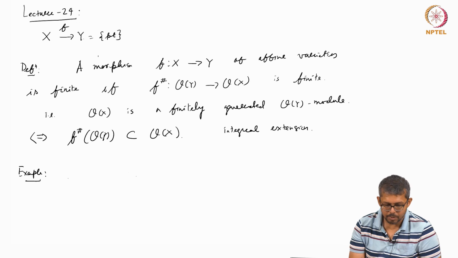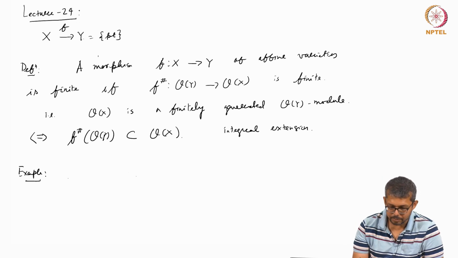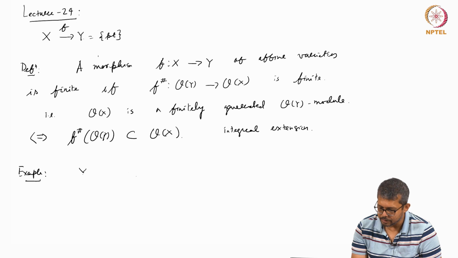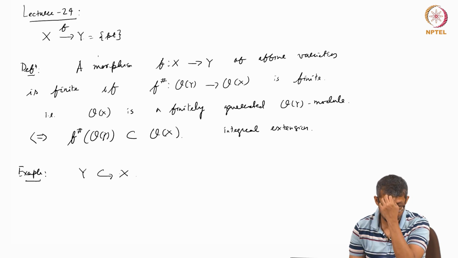Okay, so an example: suppose you take something injective. Let's say X is affine. We are in the affine situation. So take some closed subset here. This is closed.